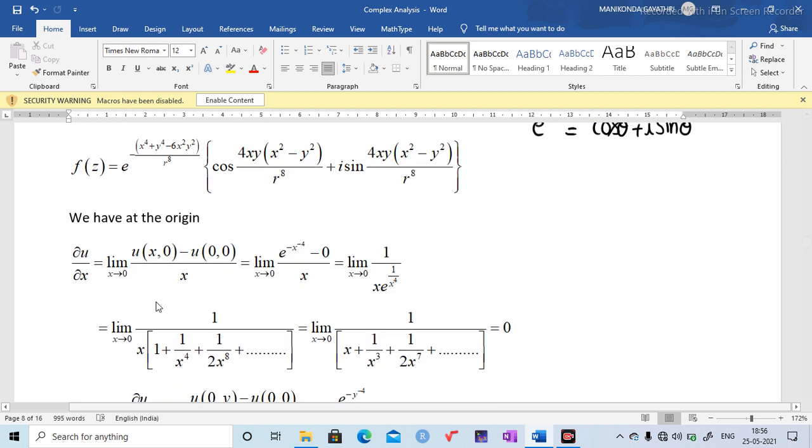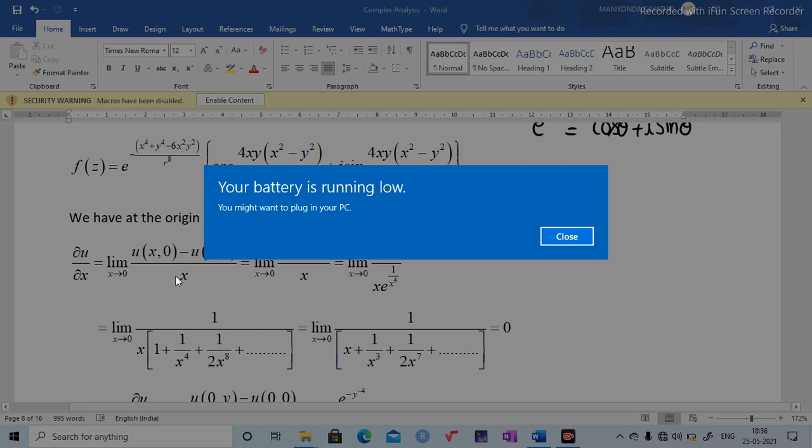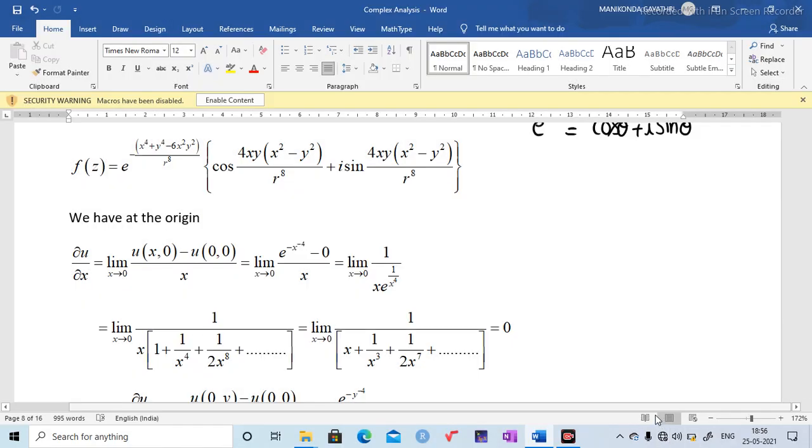We have at the origin, this is the formula which I already told to you. So you know this formula. Limit x tends to 0 as it is. Here u of x comma 0, that means the real part.